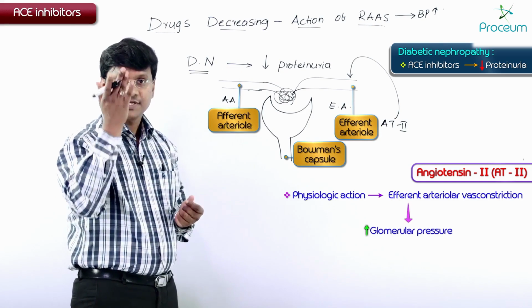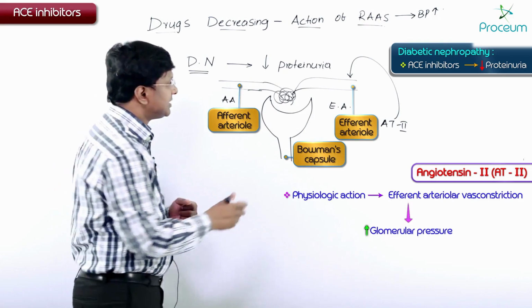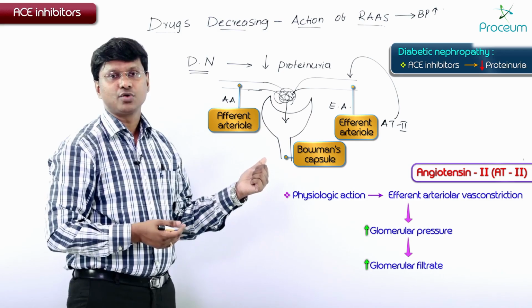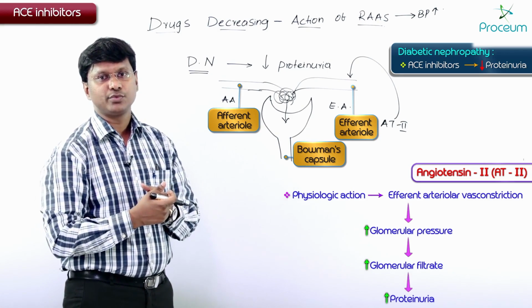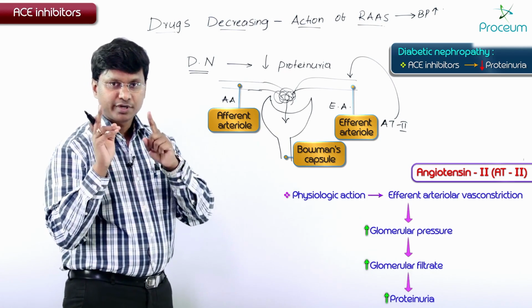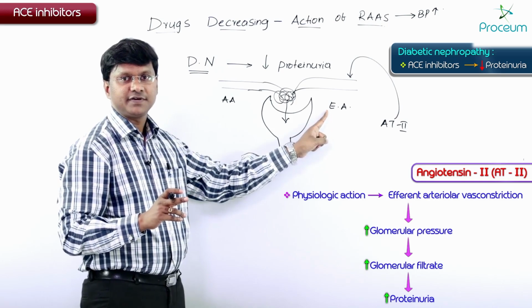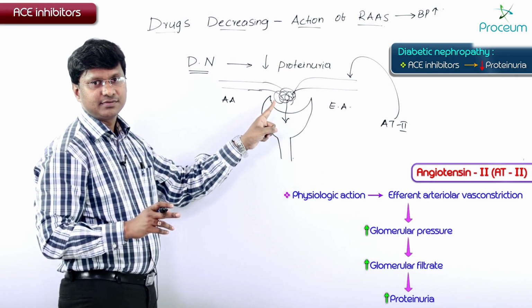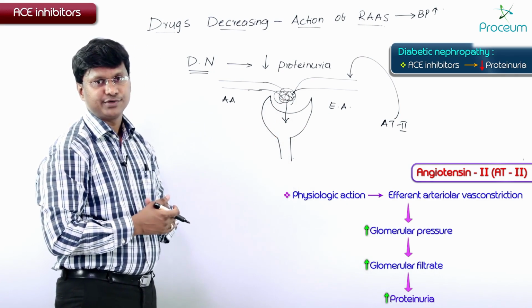The glomerular pressure increases. Whenever there is an increase in glomerular pressure, there is more glomerular filtrate, so more and more proteins are also excreted in the urine. So remember this point: whenever angiotensin 2 is acting on the efferent arteriole, there is an increase in the intraglomerular pressure, and thereby there is an increased amount of proteinuria.